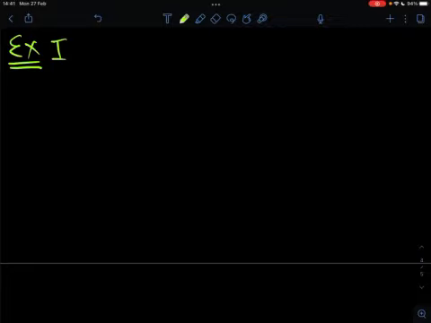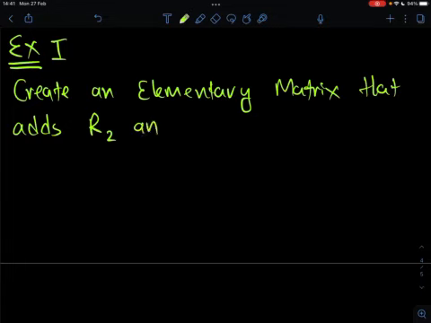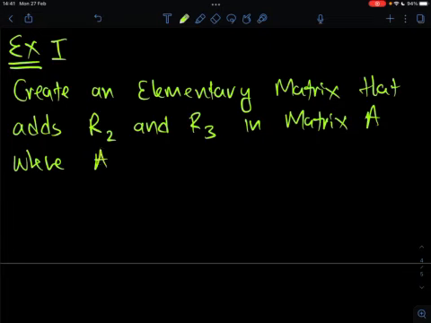The first problem is: create an elementary matrix that adds row 2 and row 3 in matrix A, where A is a 3 by 3 matrix.